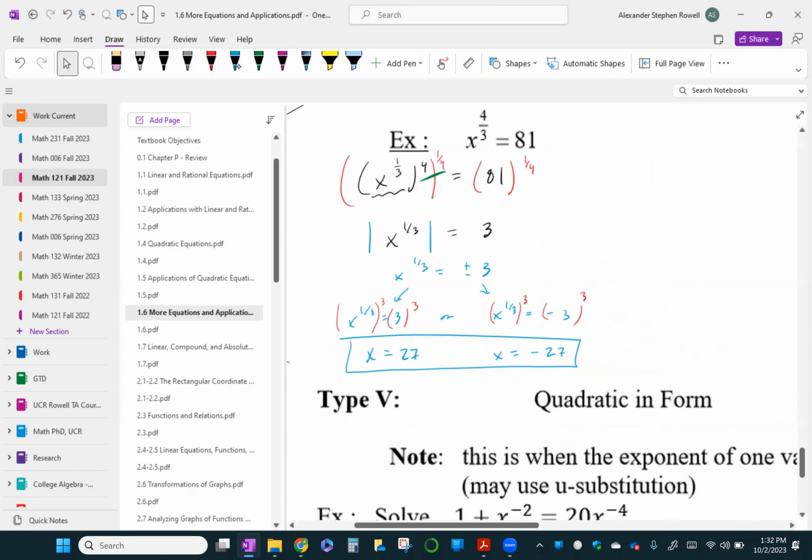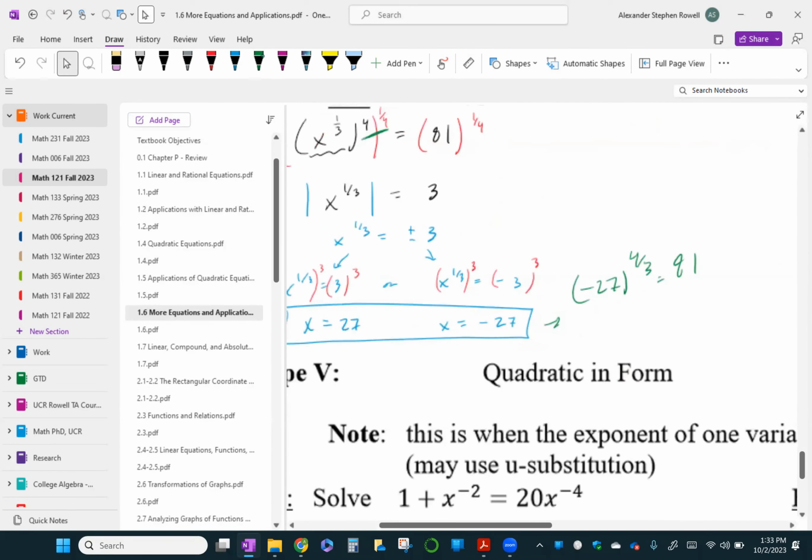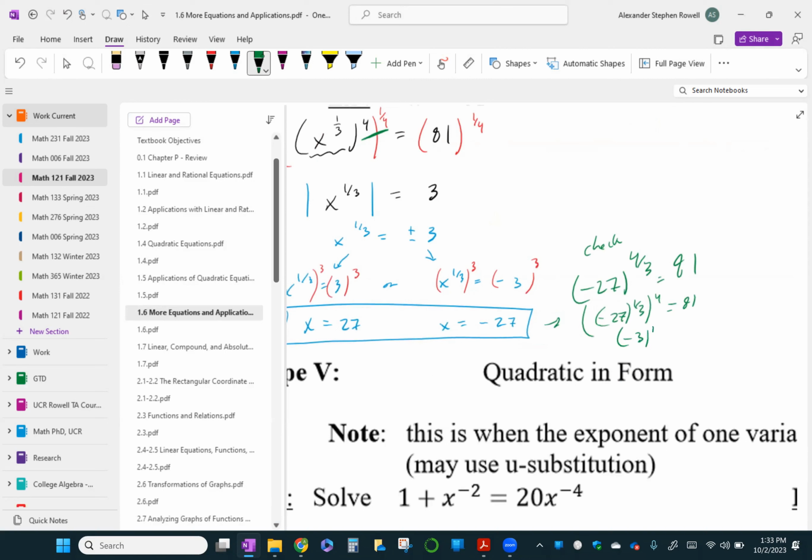Likewise, we could plug in negative 27. All right, this one, I'll write more steps. So I want to check, is this 81? In my check, I'm going to cube root first. So to show that I'm going to cube root first, I'm going to do the 1/3 power and then the 4th power. So the cube root of negative 27 is negative 3, to the 4th power.